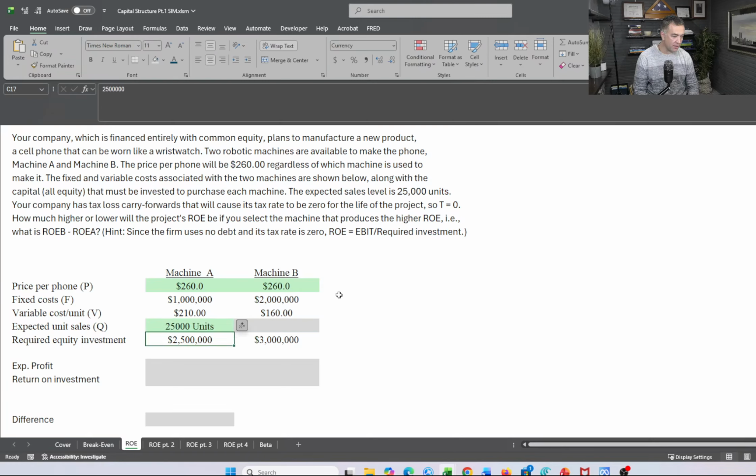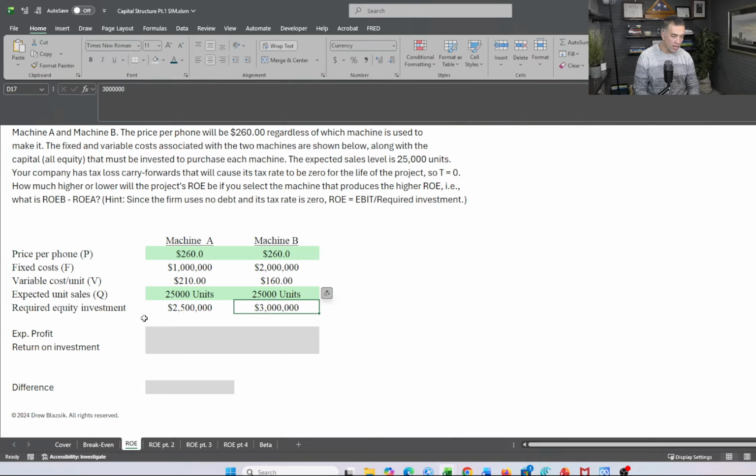Again, it doesn't matter what machine you use. Then we have required equity for the investment. So we got pretty much everything: the price, the fixed cost, the variable costs, expected unit sales, and then this is the capital, how much capital we need for the investment for this project.